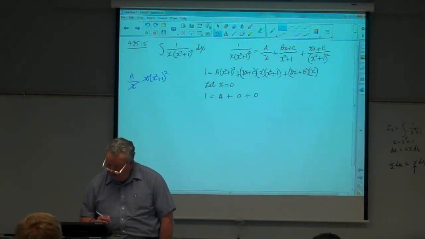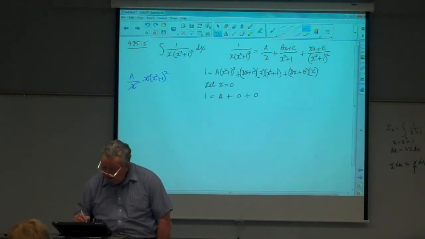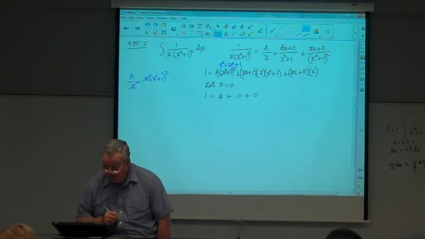Okay, so now if A is 1, then that means that this is x to the 4th plus 2x squared plus 1. Is it not? I just squared it.